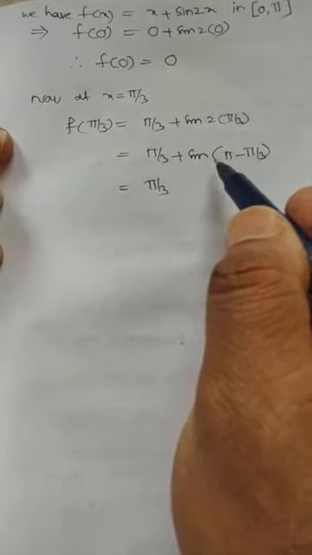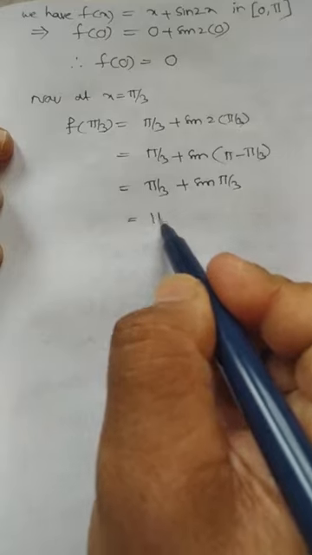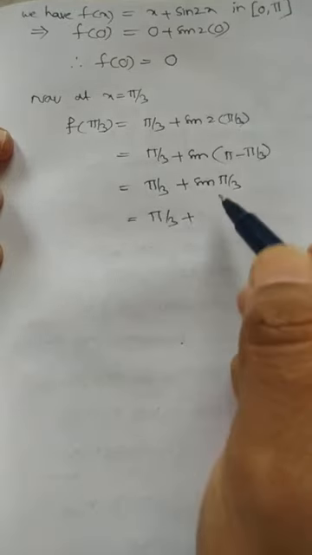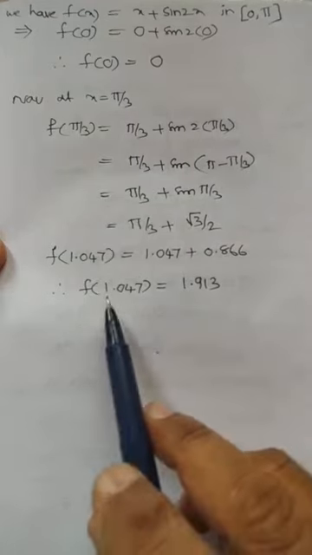In the second quadrant, sine is positive, so it is sin π/3. So I got π/3 + √3/2. If I simplify this, I will get the numerical value like this.